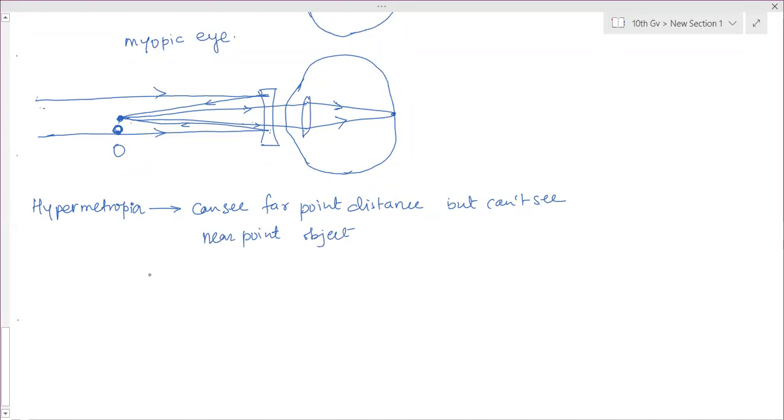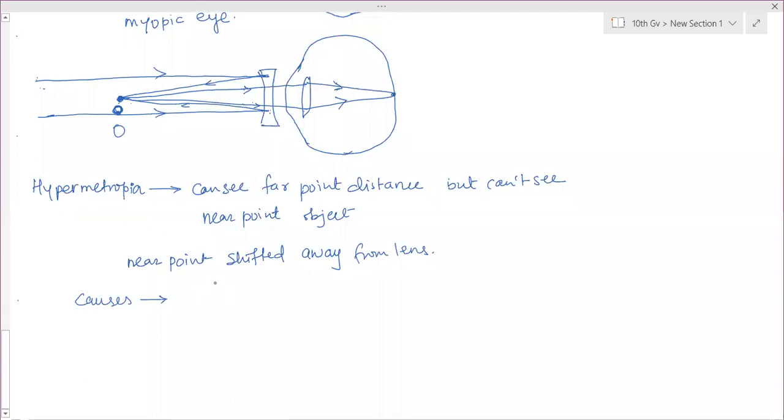This happens because the near point has shifted away from the lens. It is due to two causes: the focal length has increased, or the eyeball has become small. Focal length increases due to improper relaxation of the ciliary muscles, and the second cause is shrinking of the eyeball.